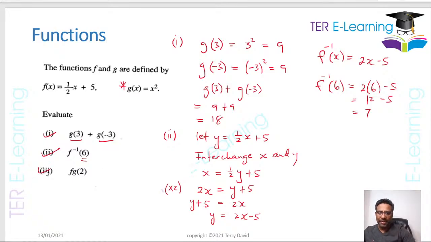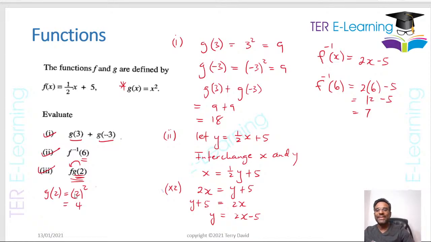Now, the last part, which is the third part, again is a composite function. So what you should do here is find g of 2 first, and that answer we can plug into f. So g of 2 is equal to 2 squared, which gives me 4.